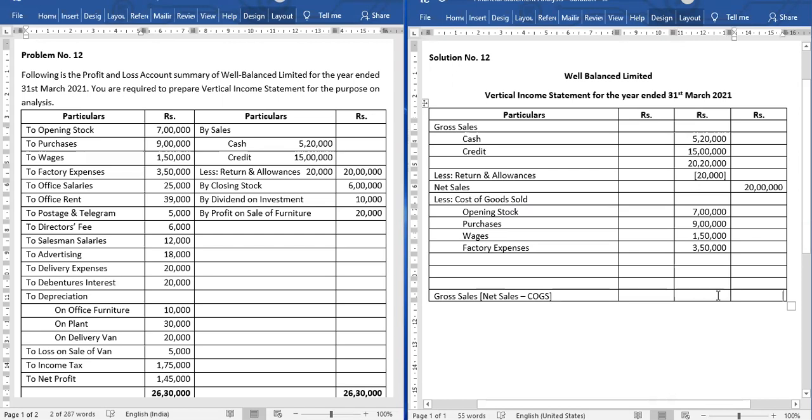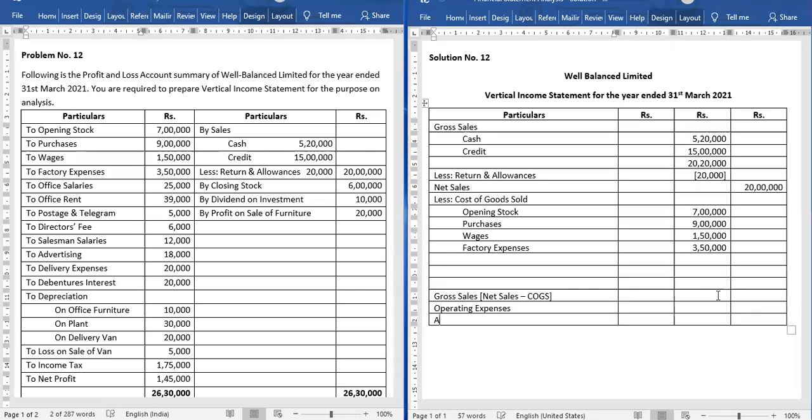Okay. After this, next step is operating expenses. Operating expenses includes, first one is administrative expenses.